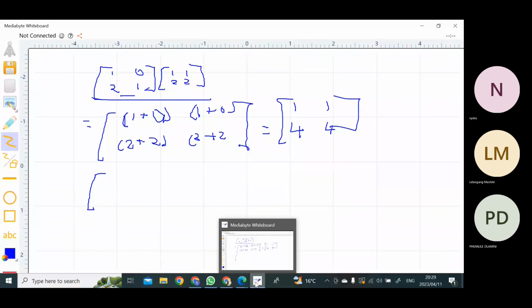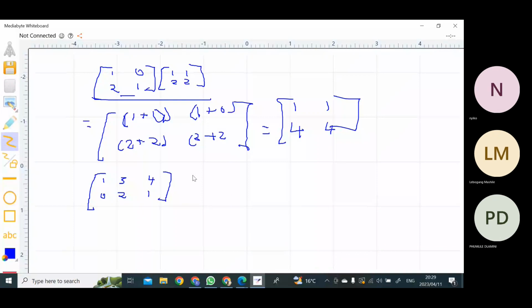If they give you a matrix, let's say 1, 3, 4, 0, 2, 1, and you are multiplying it with a matrix of 1, 1, 2, 0, 3, and 2, the same process applies.